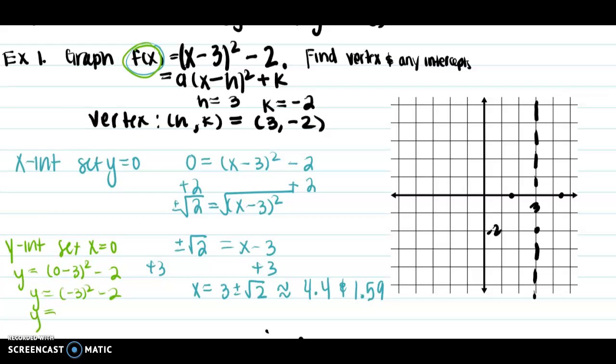Negative 3 squared is 9, and 9 minus 2 is 7. So the y-intercept is 7. So 1, 2, 3, 4, 5, so about there. And then we could go ahead and graph this. And that would be our graph.